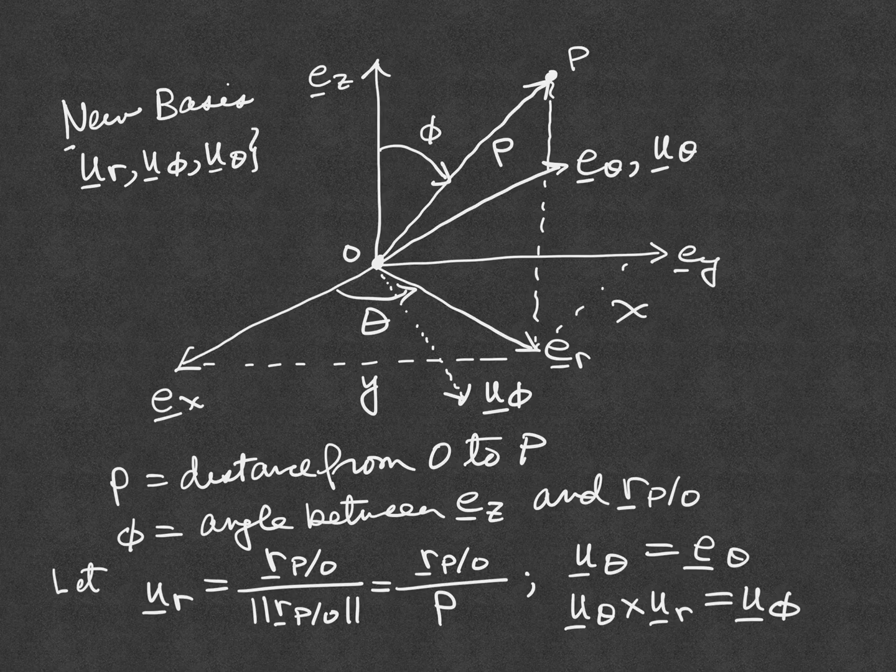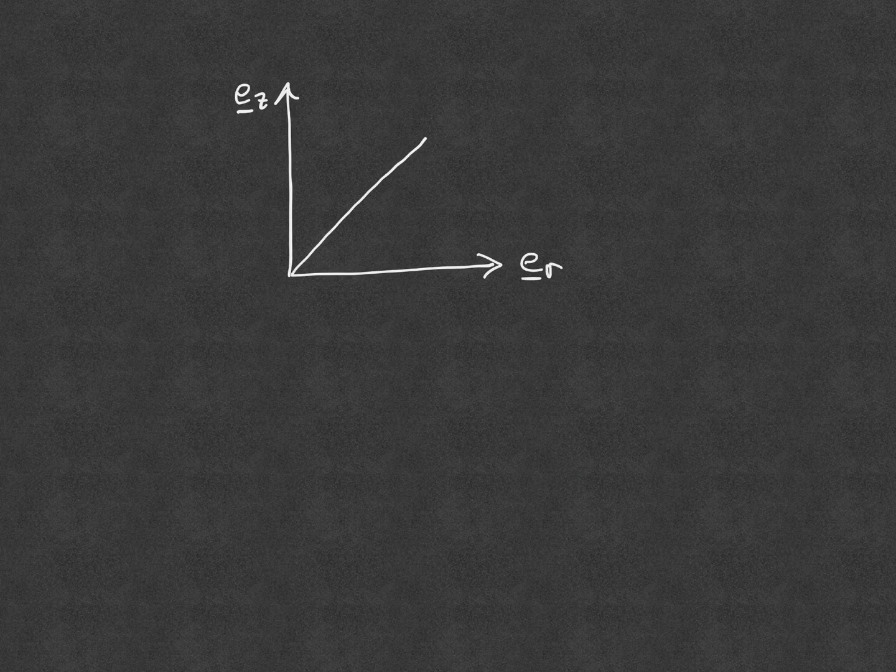It's in that order. Now in order to be able to see what this looks like, it's again useful to draw this in a projection. So let's look at this in the EZ-ER plane. It's a lot easier to see it in that plane than it is to see it in this three-dimensional diagram. So if I look at this EZ-ER plane, this direction is UR, and this angle is phi.